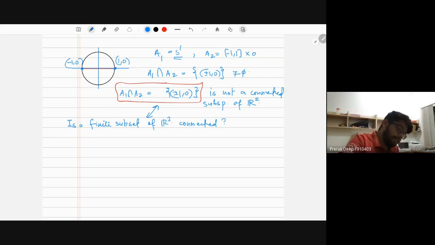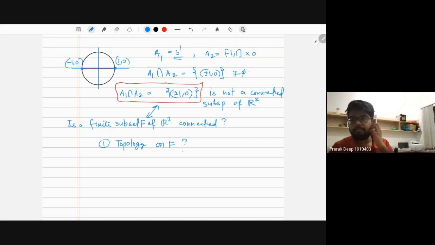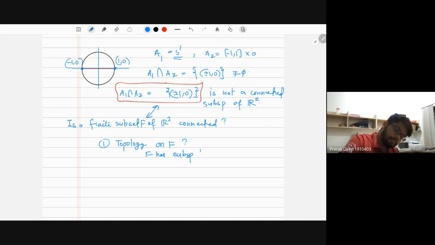So the first point is the topology on this finite subset F. Now, what is the topology on any subset of any topological space? It is the subspace topology, right? So F has the subspace topology from R2.